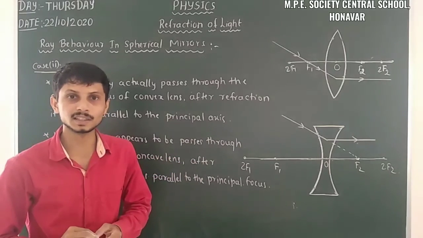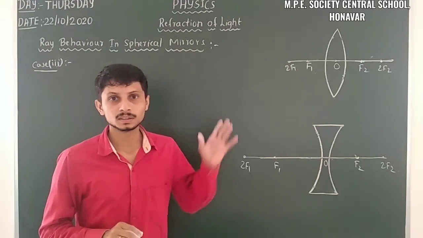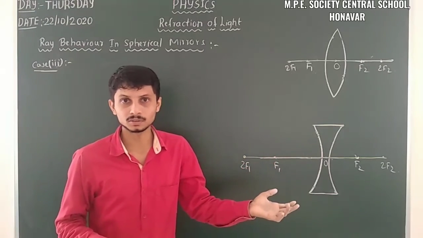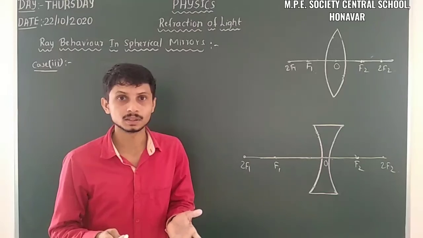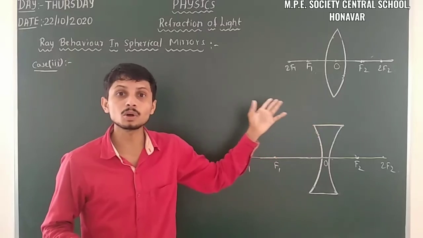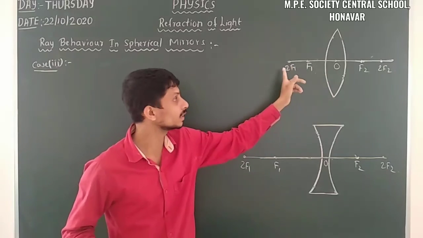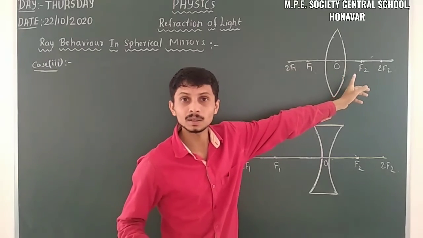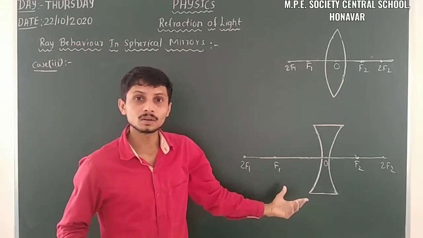So let us take the last case of ray behavior in spherical lenses. Likewise in the mirrors, when the ray passes through the center of curvature, there is no deviation. Likewise here also, this is the case when a ray passes through the optic center. There is no deviation at all when a ray passes exactly through the optic center of the convex lens and the concave lens.